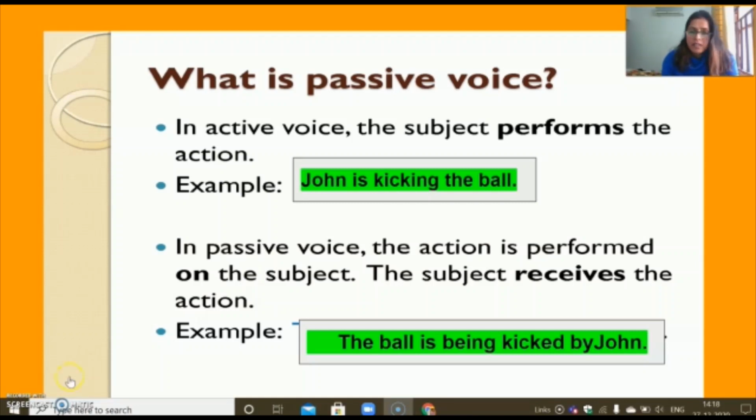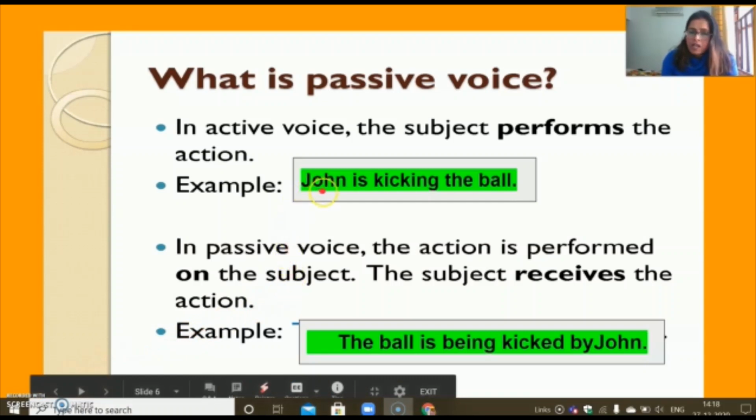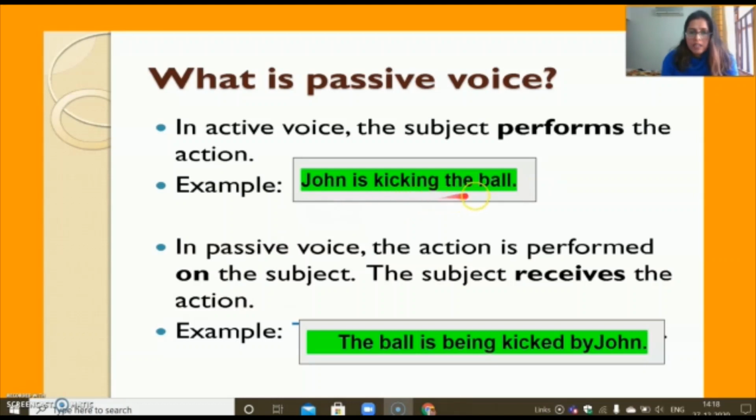Let's discuss the example first. John is kicking the ball. So this sentence is written in active voice. It means John here is the subject and John is performing an action. He is doer of an action and that action is kicking.